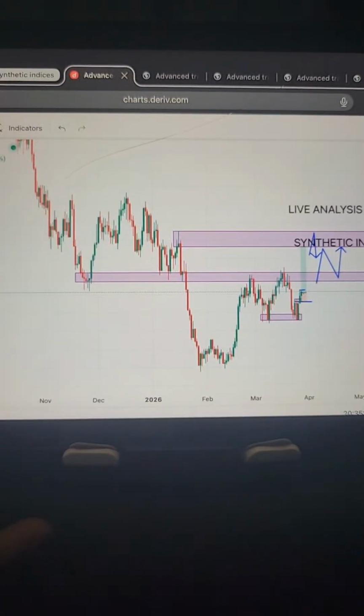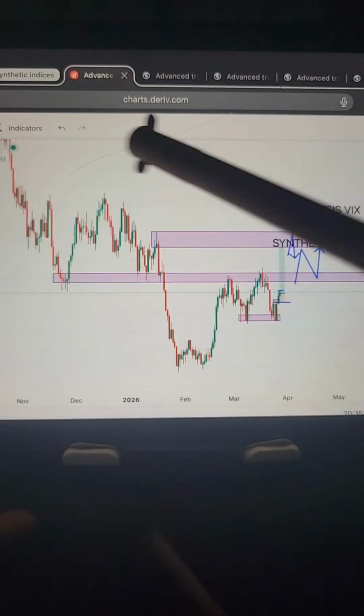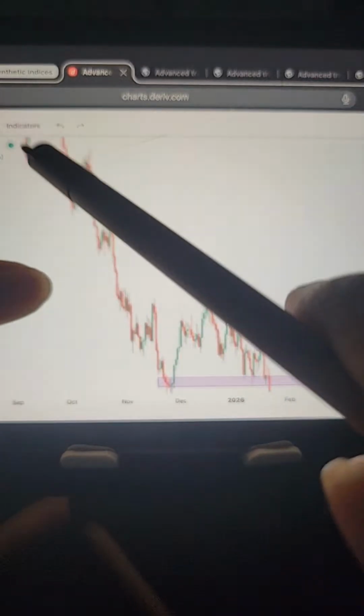So price is in the downtrend currently on Volatility 75. You can see lower high, lower low, lower high, lower low, lower high, lower low, and the recent break of structure was this low.